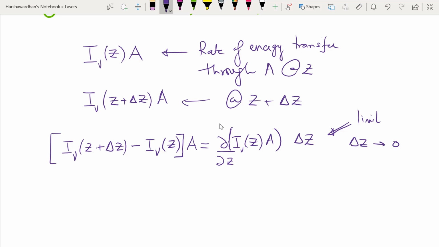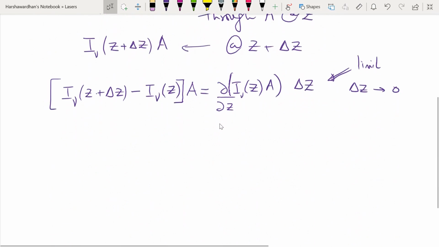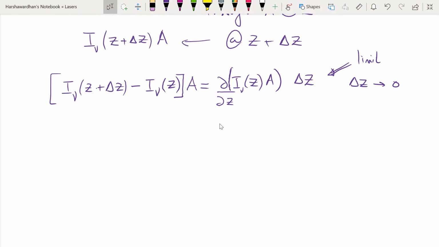So this is essentially going to give me the rate at which the energy is leaving this volume. We are looking at the rate at which energy is coming in, the rate at which energy is going out, and the difference between the two is going to tell me the rate at which the energy is leaving this volume.